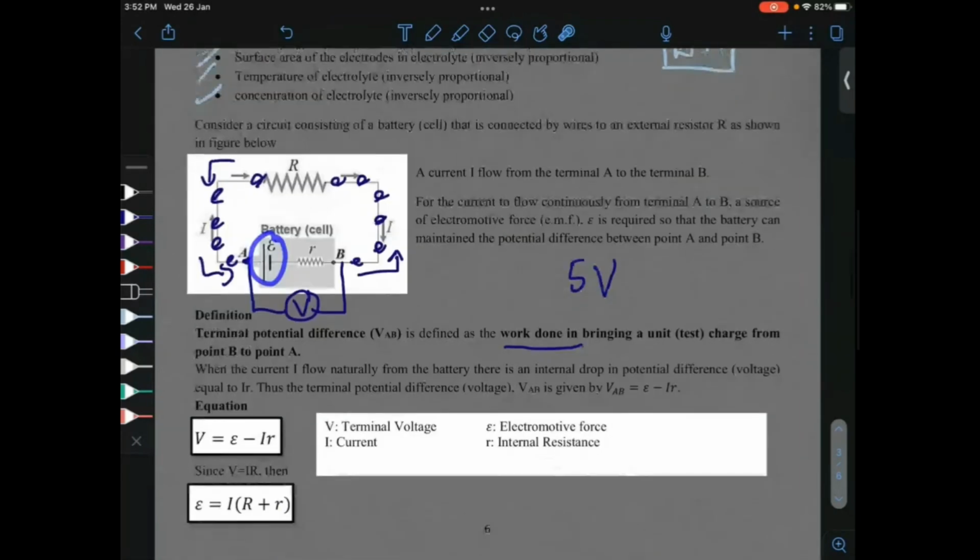Okay, this 5 volt has to go across the internal resistance dan juga external resistance. Sebab current daripada sini, dia keluar, dia pergi, dia lalu external resistance, dia datang, dia akan lalu internal resistance juga. Okay, so it has to overcome this internal resistance and also external resistance. So this 5 volt belongs to both the resistance here.